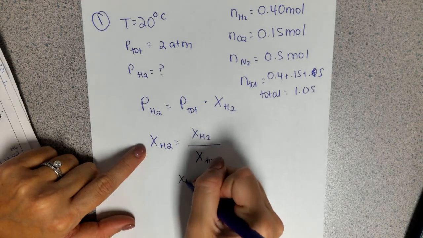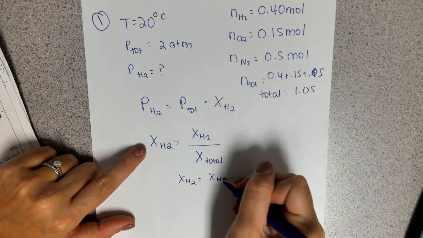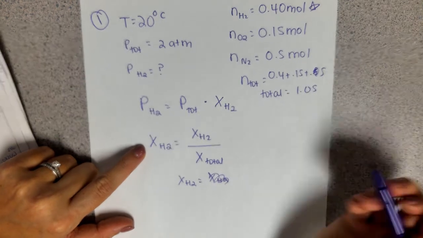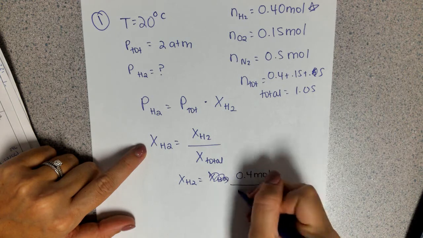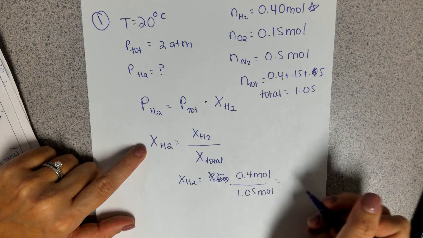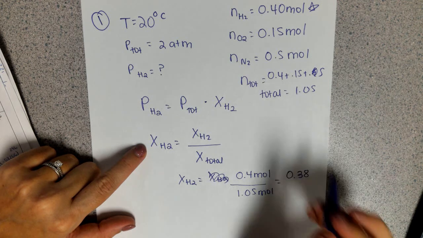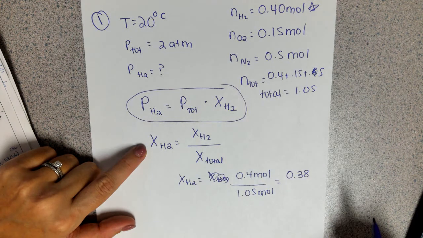So I'm going to plug that into my mole fraction equation first. The mole fraction of hydrogen equals, I know how many moles of hydrogen there are, 0.4 moles over the total moles, 1.05. And my mole fraction of hydrogen is 0.38. Now I can plug into this equation.